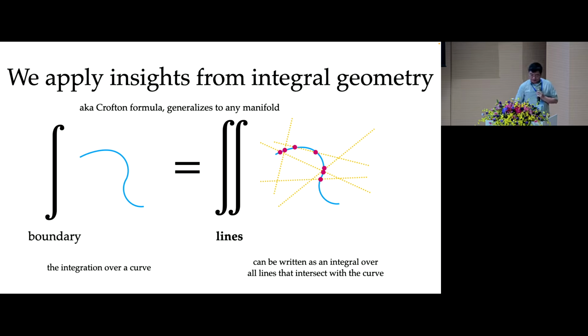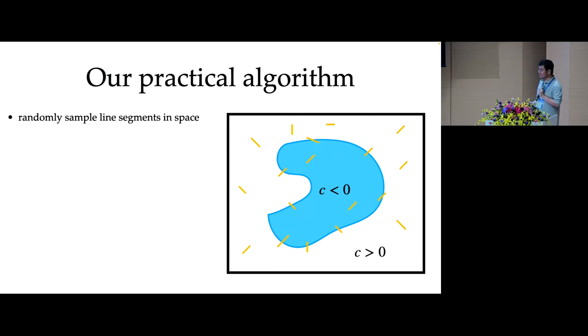This sounds very fancy, but if you look at the actual practical algorithm, it's kind of like a fancy edge detection algorithm. What we're going to do is randomly sample a bunch of line segments in the space. We have this weird curve, and we don't know how to put points on this curve, but we know how to put lines in the space, right?